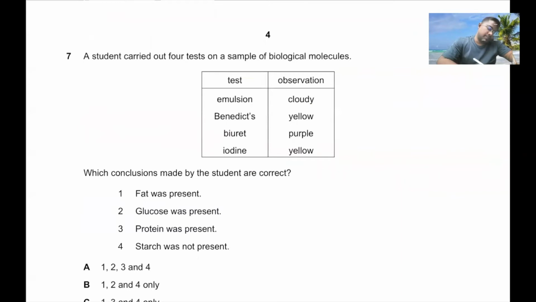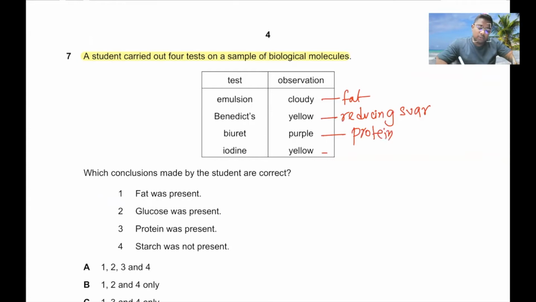Question number 7. A student carried out 4 tests on a sample of biological molecule. Emulsion test went cloudy, meaning fat present. Benedict's went yellow, meaning reducing sugar present. Biuret went violet purple, meaning protein present. Iodine stayed yellow, no starch.